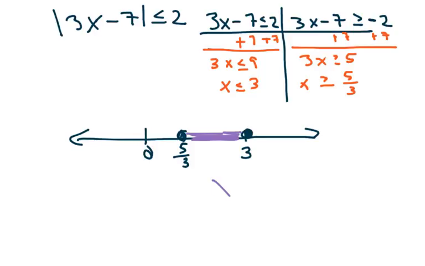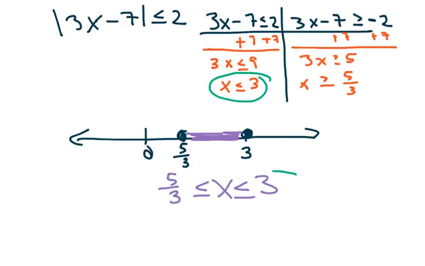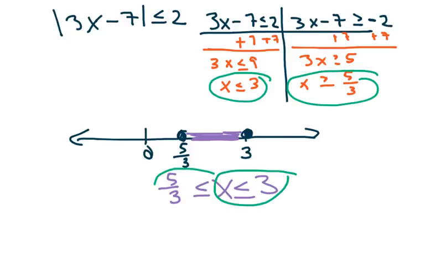So basically, x is in between 5/3 and 3. You see it here: this is this portion, and this is this portion. I just rewrote this as 5/3 is less than or equal to x. I just moved my x over.